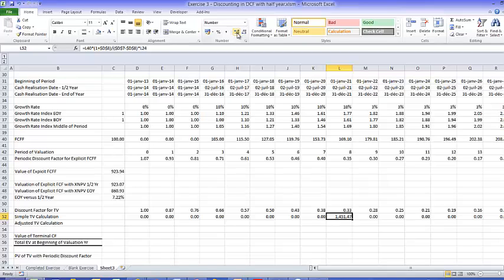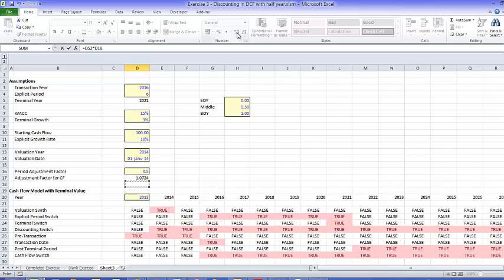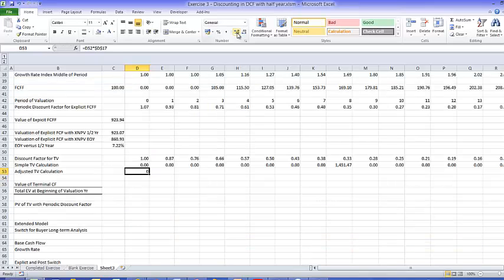When we adjust the terminal value, 1 plus g divided by WACC minus g, now if they get it in the middle of the year, we can't use that same formula, and what we should do is take that formula and multiply it by this factor. Okay, so we push the value up a little. Now, when we do this, we get the value of the terminal.